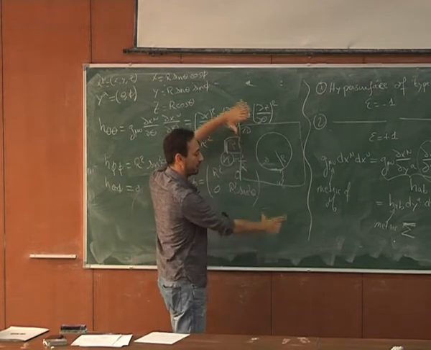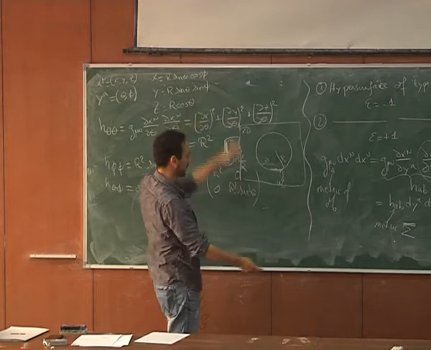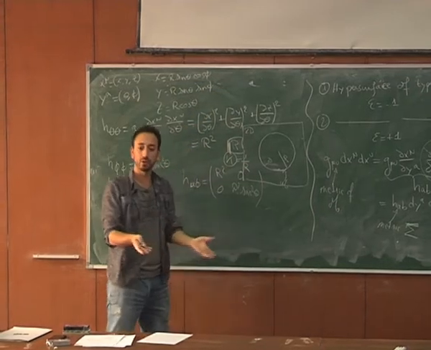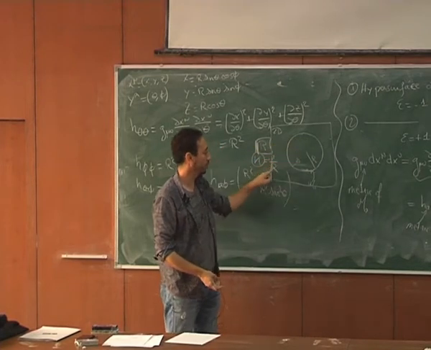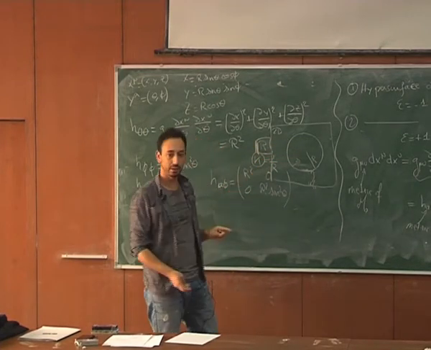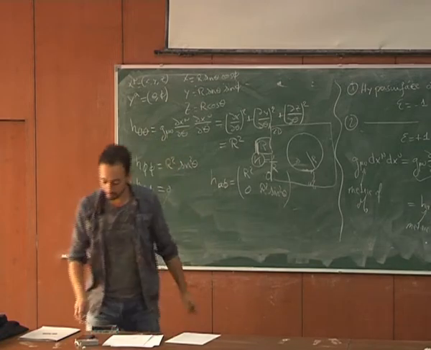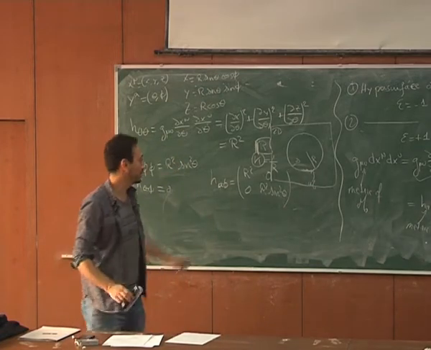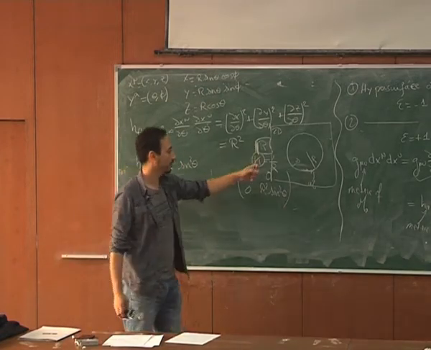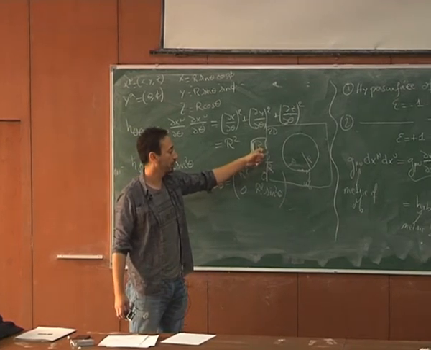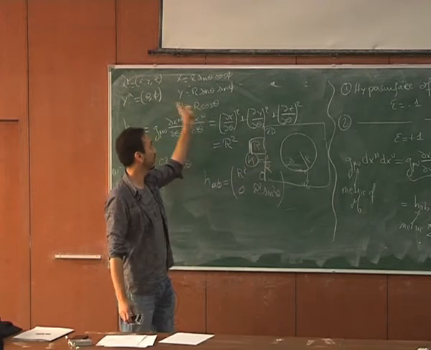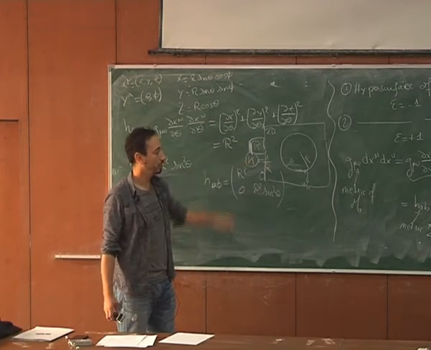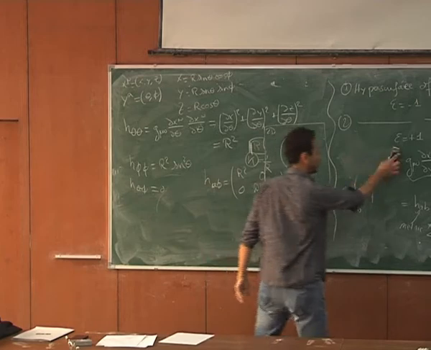If I take the radius much, much bigger, it will become much more flat. If I take a radius very small, it will be much more curved. So this will be related to that. How to calculate this curvature? It's true that in GR, or most of the time in geometry, we talk only about the intrinsic curvature. But once you want to include that Gibbons-Hawking term, you have to introduce a second type of curvature.